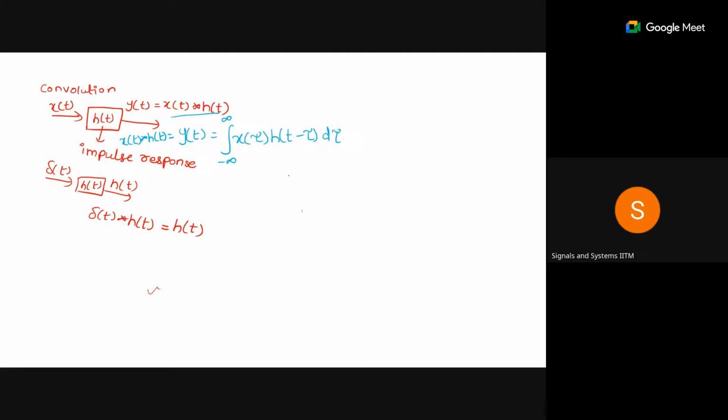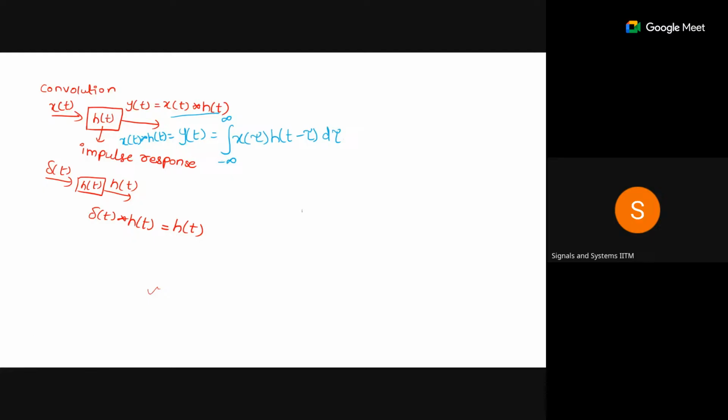This is the formula of convolution. Because reversal, shifting and integration take a lot of time and computation, that's the reason we go to the Fourier series.